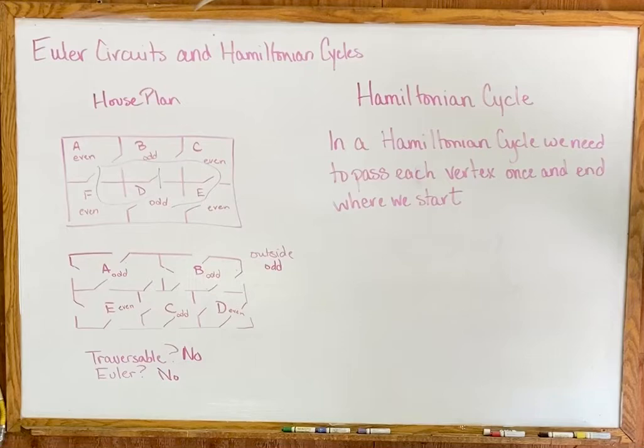Okay, so a Hamiltonian cycle looks at the vertices instead, and what we have to do is go through each vertex and then end back where we start.